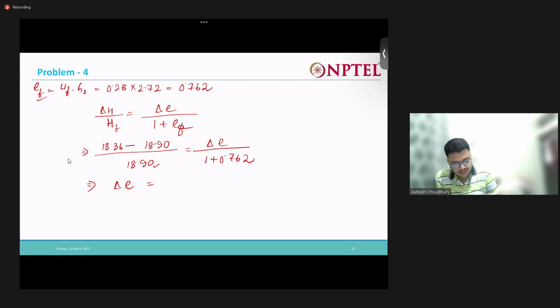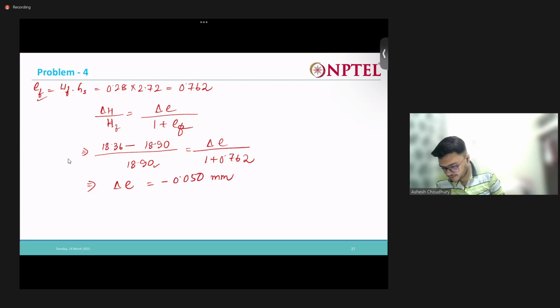So what will be my delta e if I do here? 1.762 multiplied by 18.36 minus 18.90, divided by 18.90, gives minus 0.050.